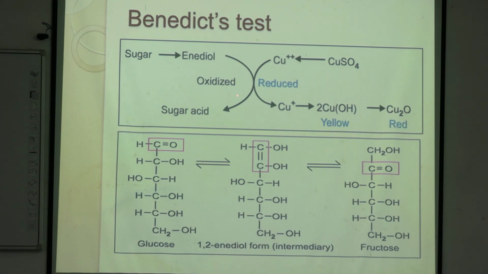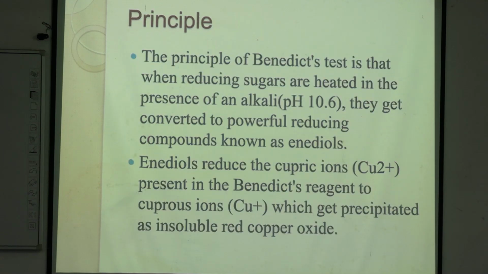And finally a cuprous oxide will be produced. Okay, and that will be red in color. It is the indicator. So this color indicator will suggest the presence of reducing sugar. So this test is known as Benedict's test. Okay.